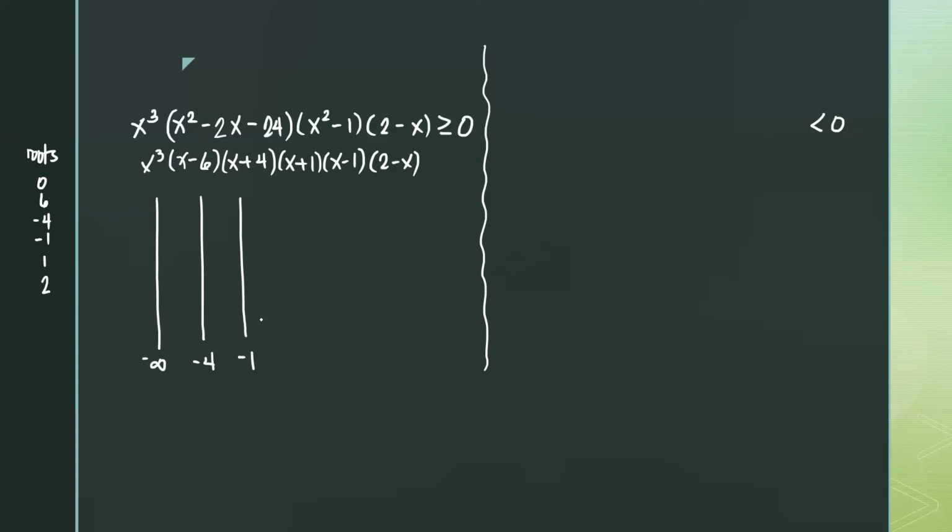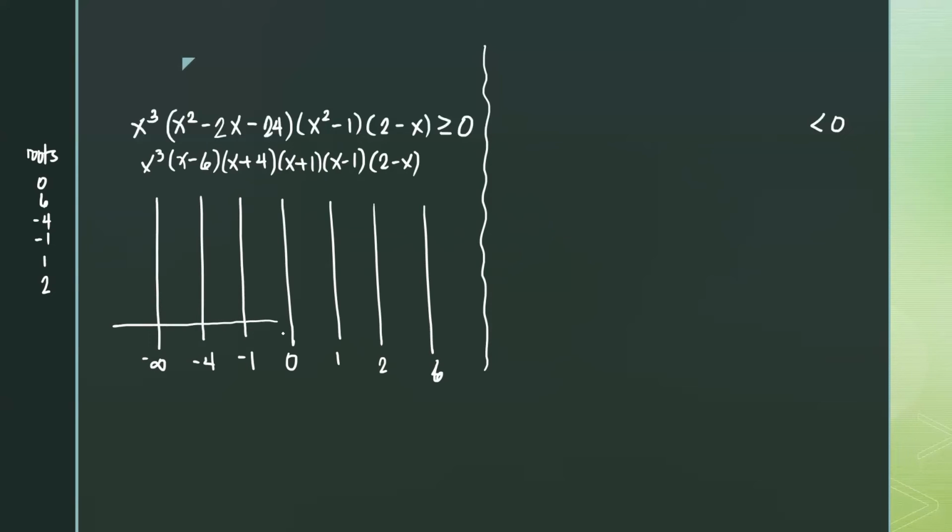So -1, and then 0, and then 1, and then 2, and then 6, right? Okay. So with this, guys, we have to write the problem. So x minus 6, x plus 4, x plus 1, x minus 1, and 2 minus x.